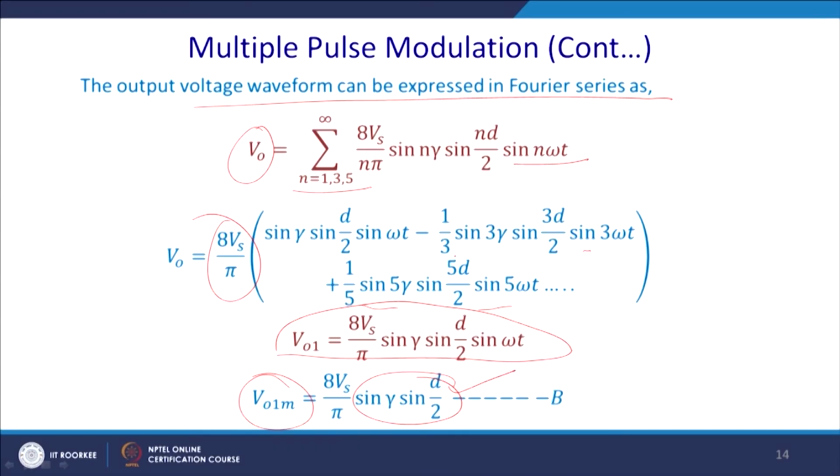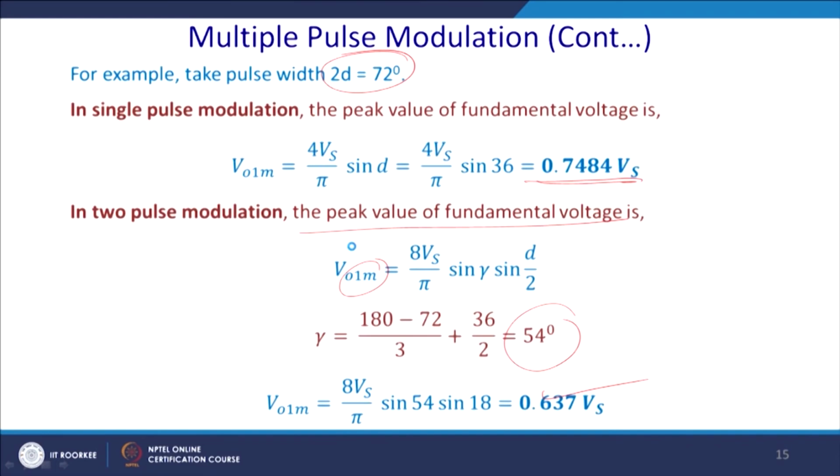You can choose it in such a way that the third harmonic will be eliminated, so 3 lambda can be 180 degree, and also you can choose 5 d by 2 as 180 degree, or 7 d by 2. In that way, any of the two frequencies you can eliminate. That is called selective harmonic elimination, which has been discussed in our class in detail.